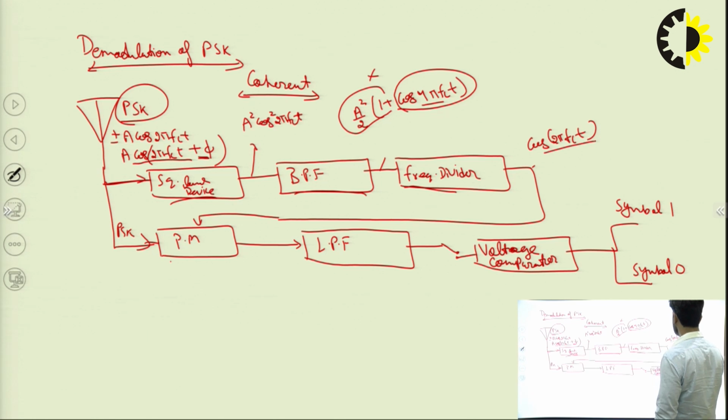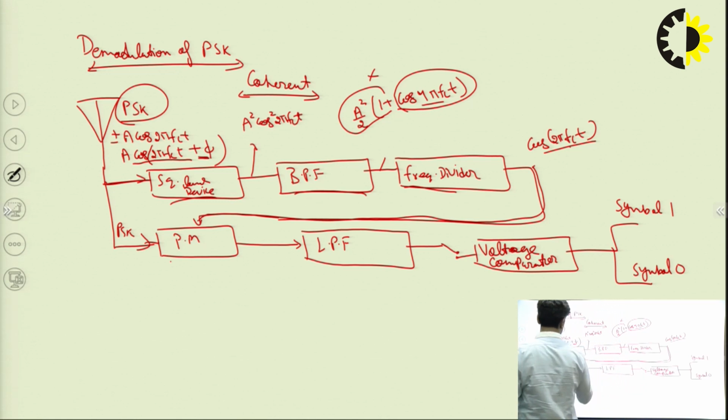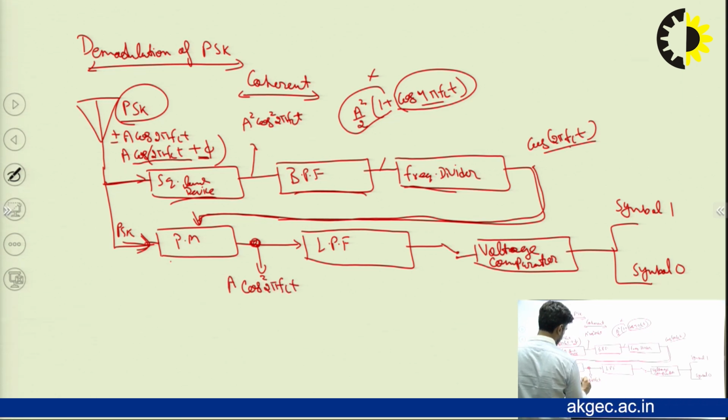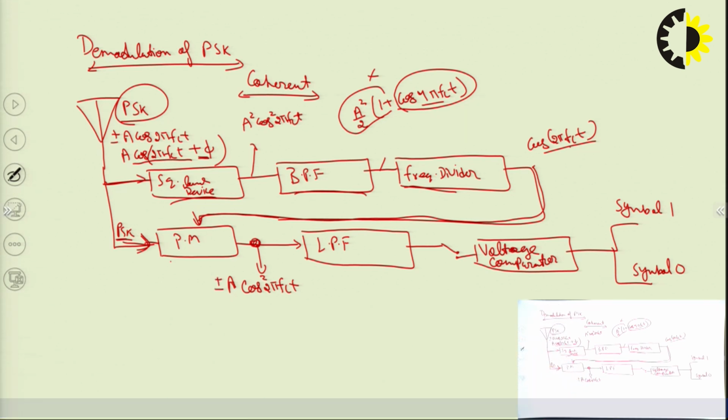Now here you can see we are generating the carrier after passing these 3 stages: square law device, band pass filter, frequency divider. Now this goes to the product modulator and we are giving the PSK here. So here we are getting the signal, that is cos square 2 pi FCT and A, plus minus depending upon our PSK waveform.